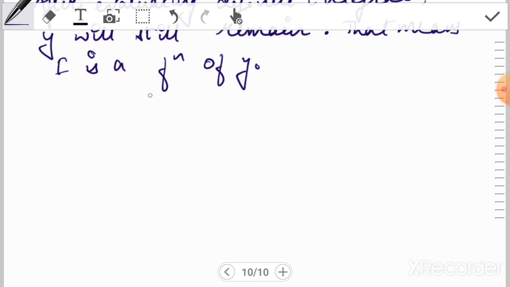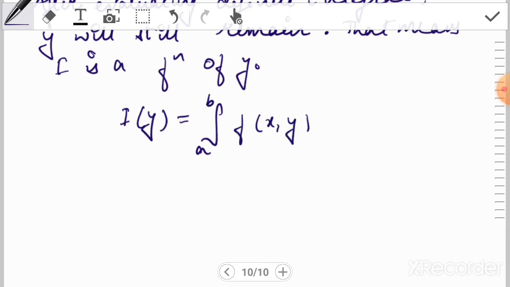Clear? So say I(y) is equal to the integral from a to b of f(x, y) dx.